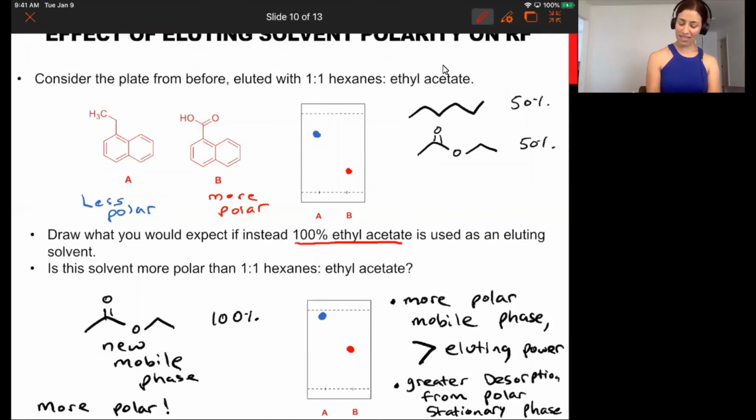So you might see something like this, where now A is really bordering the solvent front, and B has jumped up substantially from where it was in our 50-50 mixture. And we'll practice some of these as part of the post-lab questions.